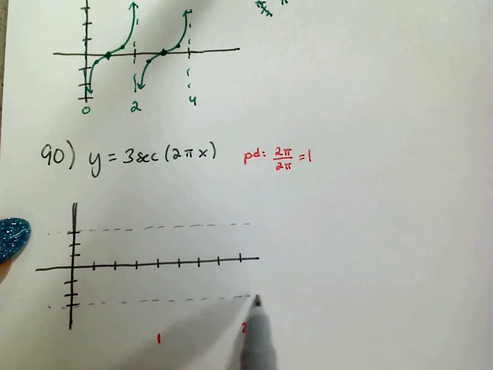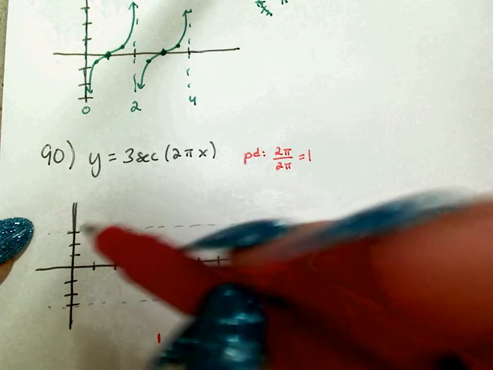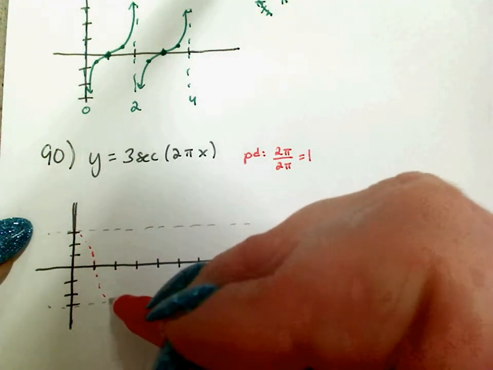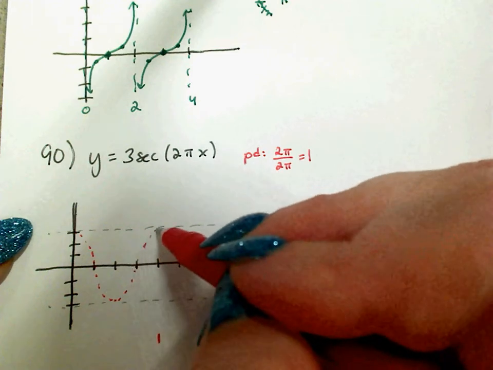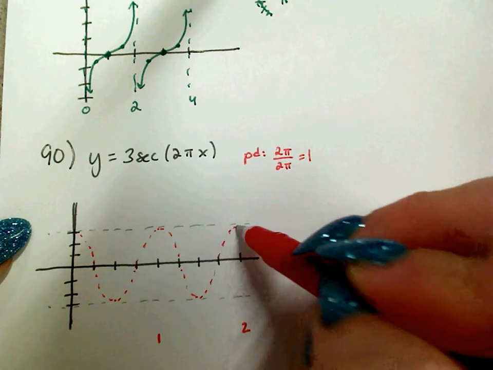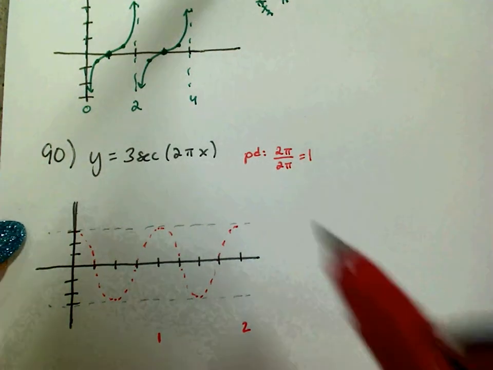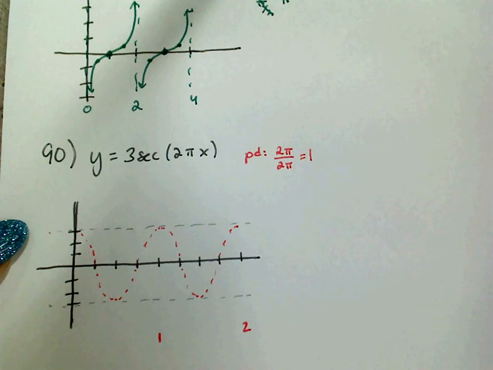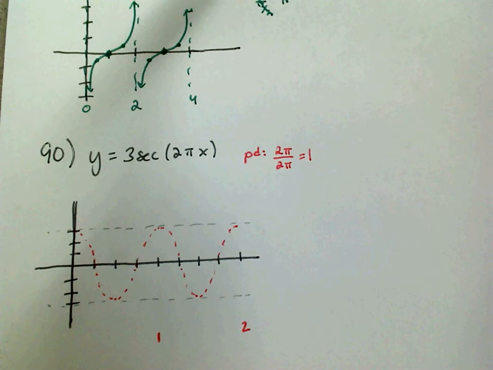Okay, so I'm going to graph a cosine wave. So cosine starts here, goes here, minimum, goes here, maximum, midline, minimum, midline, maximum. But then the goal is to graph the secant wave. So the secant wave has a vertical asymptote anytime the cosine wave hits the midline.